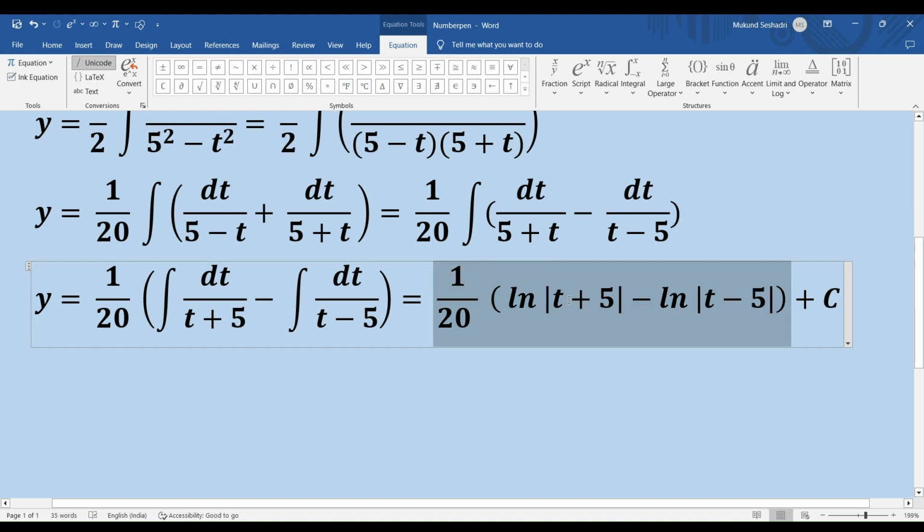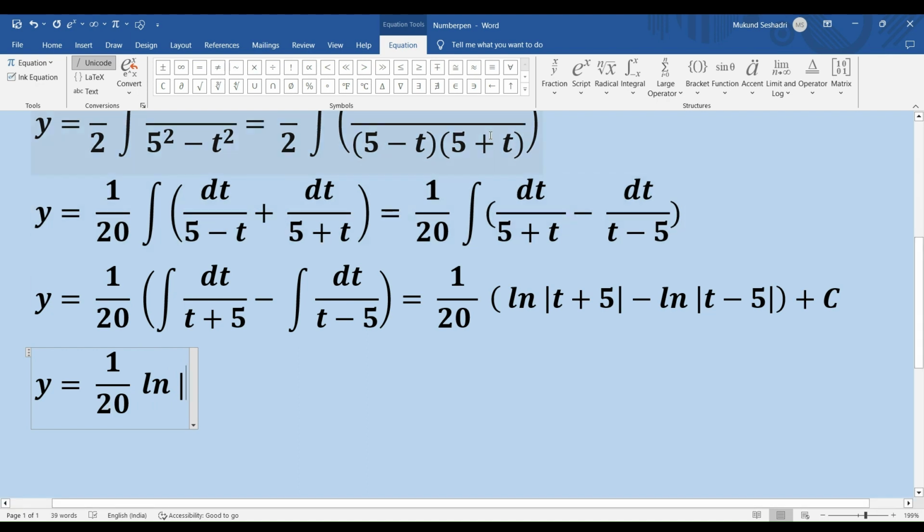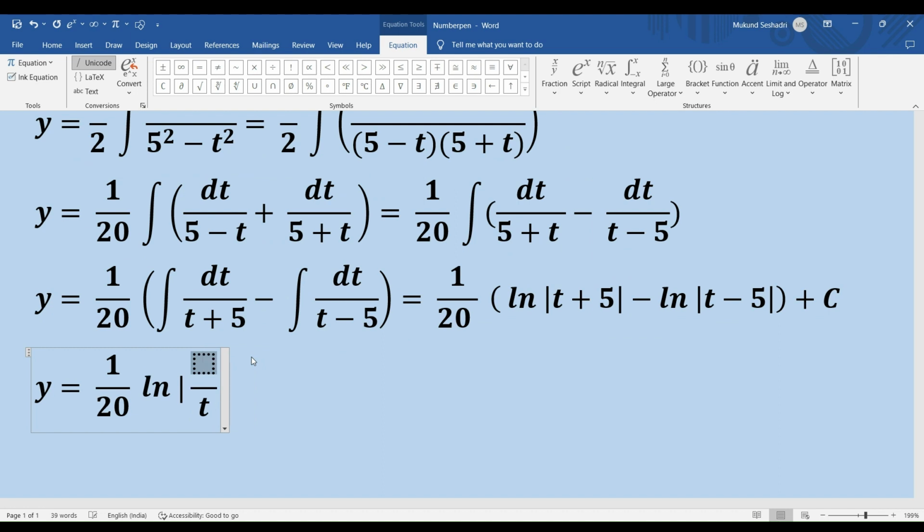So I can go to the next line and rewrite my y as y equals 1 by 20 times ln of, then I have a mod of t plus 5 divided by t minus 5, right? And for the sake of textbooks, I'm going to write this as 5 plus t divided by 5 minus t, right? Mod of, plus you have your constant c.